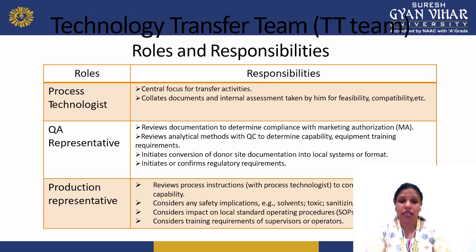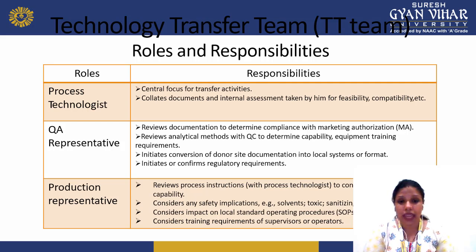The quality assurance representative has multiple duties and responsibilities, we can say. First, it is used to review the documentation to determine the compliance with marketing authorization, that is MA. So the major responsibility of QA representative is to review documentation to determine the compliance with marketing authorization.